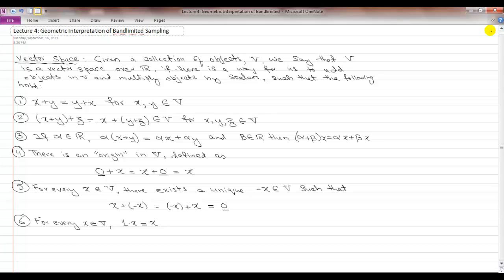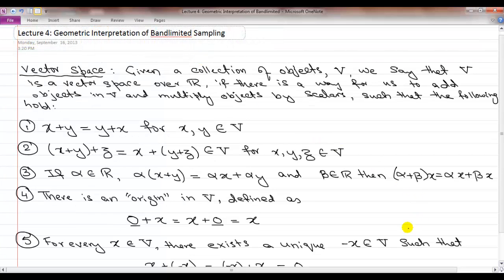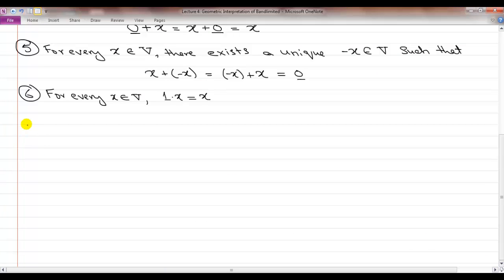Now, examples of this. One is, of course, the classical example that we know, which is just the Euclidean space. So if you think about examples, then we know that Rn, the collection of n-dimensional, what we traditionally call vectors, is a vector space in the abstract sense.